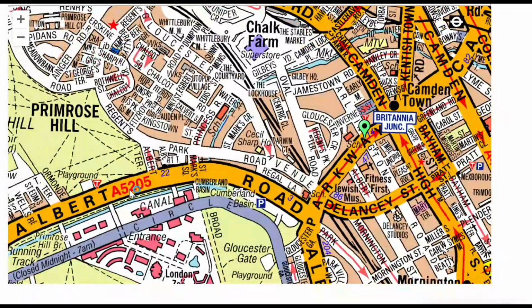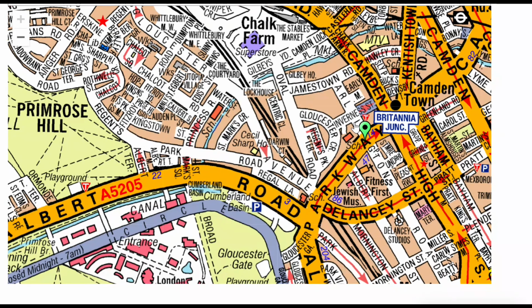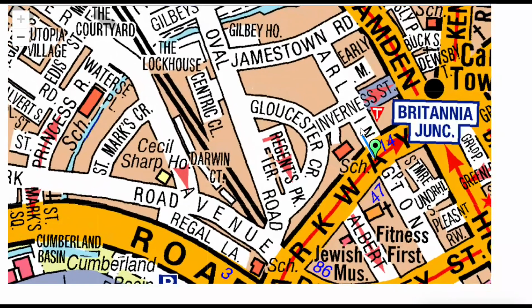We want to arrive on A5205, but we cannot make our journey downwards. I would also not recommend going upwards and then finding a turn which takes you back here. So a good approach is to just enter this street, move around this area, continue your journey downwards, get onto the street and continue.